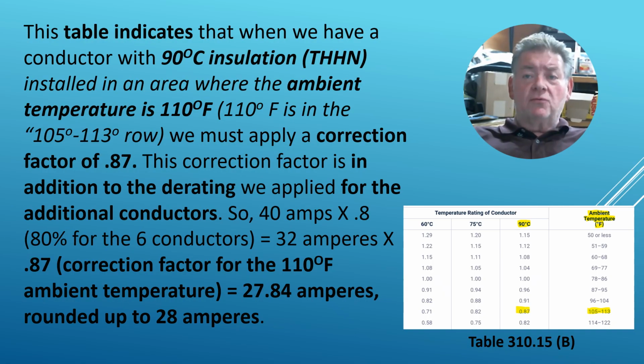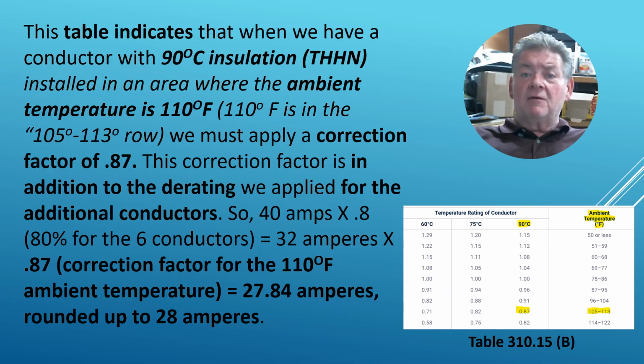Which column do we use? Well, whatever column correlates with our conductor's insulation's maximum temperature rating. In this example, we stated we would be using THHN insulation. THHN insulation, two H's, has a 90 degrees C maximum operating temperature. So we're going to use the 90 degrees C column.